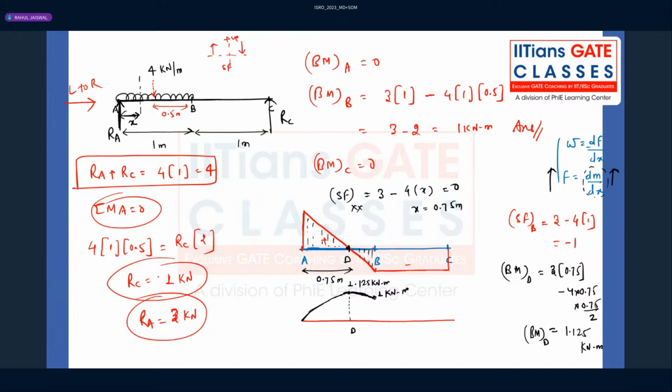From here to here, we should join by a straight line. From here to here, that is a parabola. And this line should be of 1 degree. Both these curves should be of 2 degree. Make a note of it.